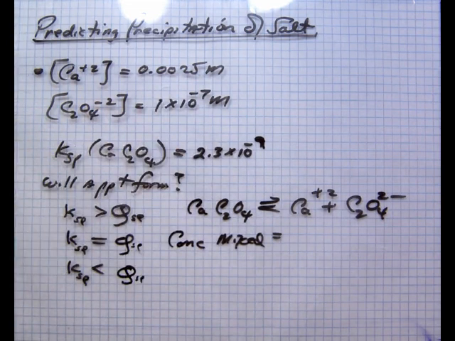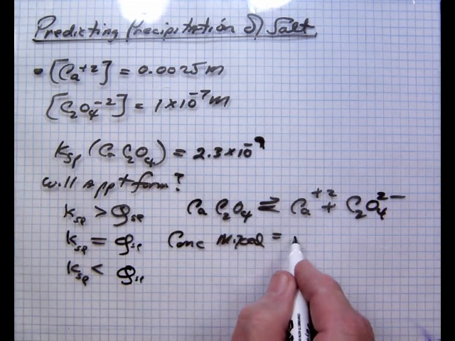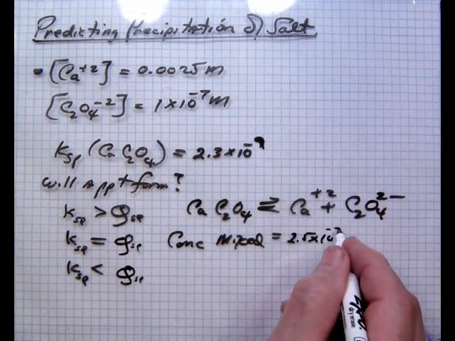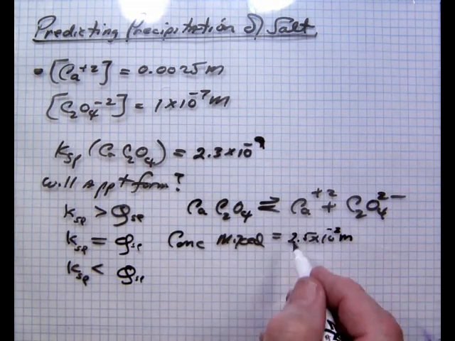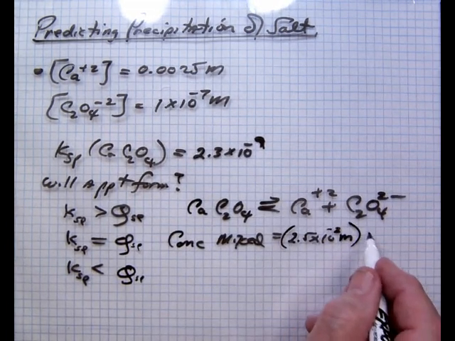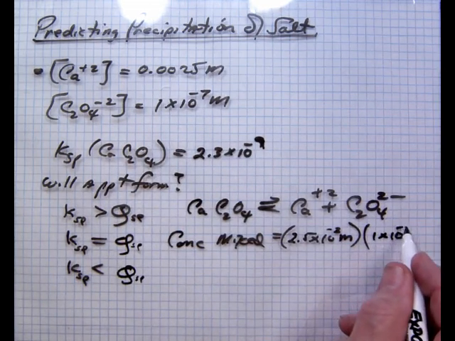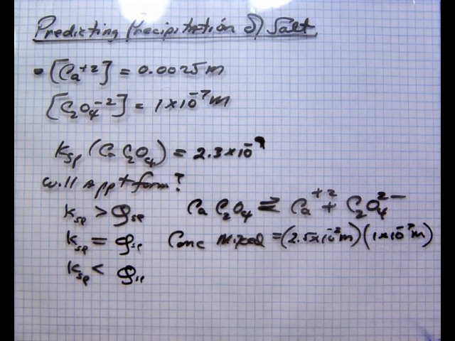Is this above or below the Ksp number? So here we have 2.5 times 10 to the minus 3 molar for the calcium, and for the oxalate it's 1 times 10 to the minus 7 molar.